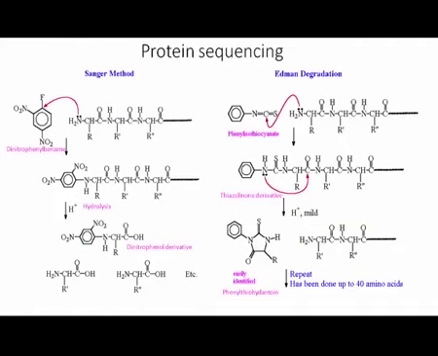So, earlier Sanger actually devised a method by which you can get the information about the amino acids. What he used was dinitrophenyl benzene, which is shown here. This dinitrophenyl benzene can react with the free amino group of the N terminal amino acid of a polypeptide.